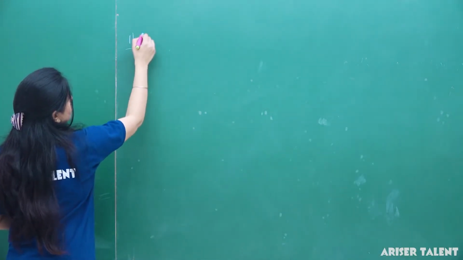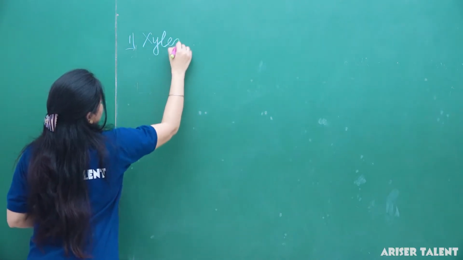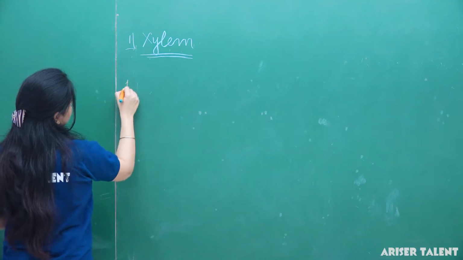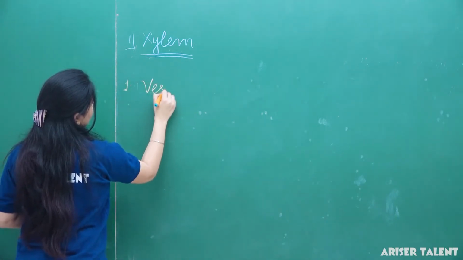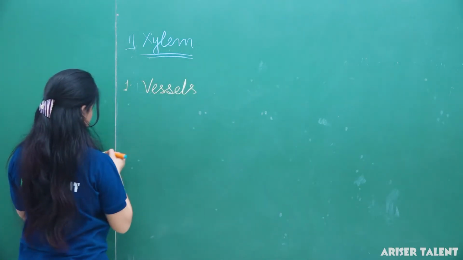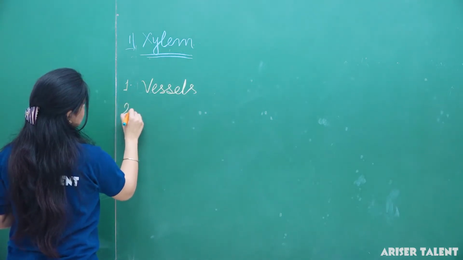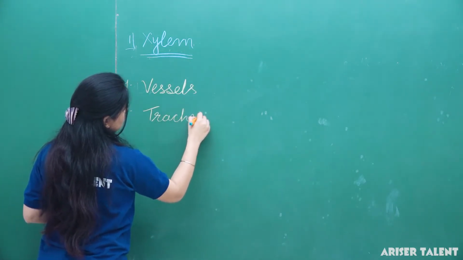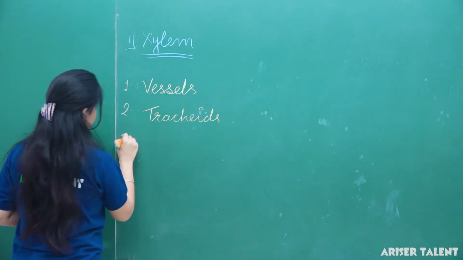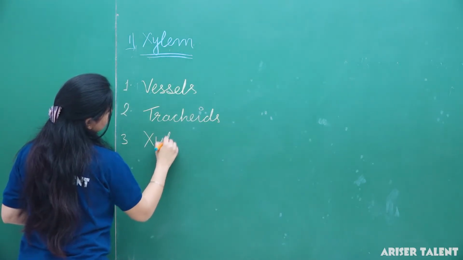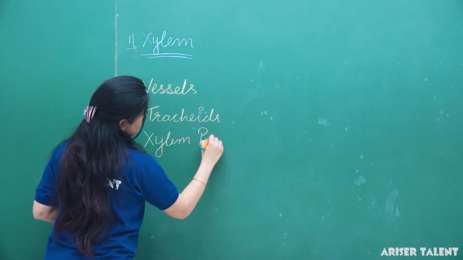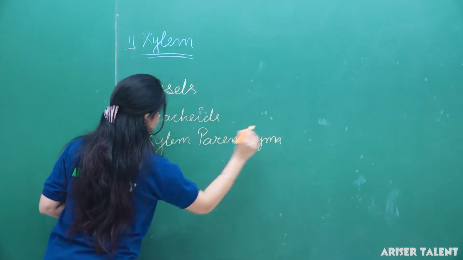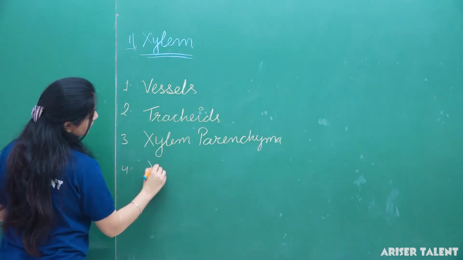Now, we will talk about the different parts of xylem. Xylem tissue has different parts: vessels, tracheids, xylem parenchyma, and xylem fiber.